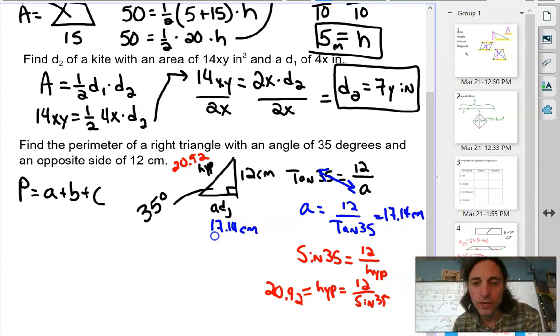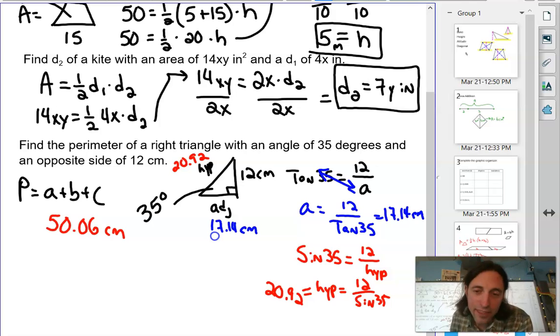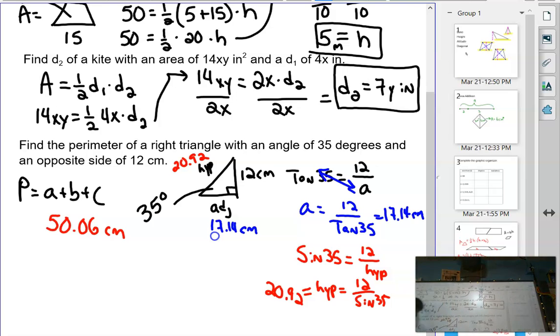And now I can add 20.92 plus 17.14 plus 12 to get the perimeter of 50.06 centimeters. And of course, if it said round it to the nearest tenth of a centimeter, that'd be 50.1 centimeters.